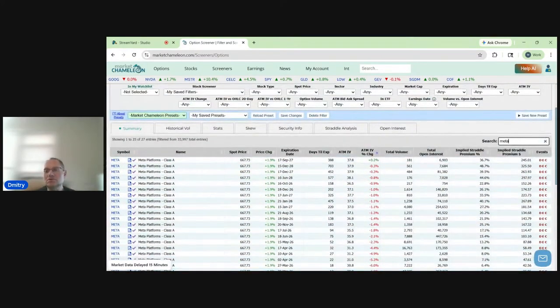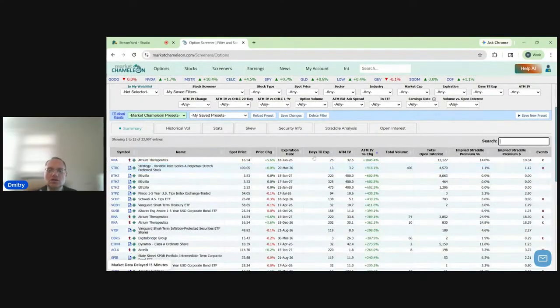So I'm going to uncheck this. And for that expiration, we're going to look at the implied volatility for that expiration using the at-the-money implied vol. And we want to compare that volatility to a historical volatility, how the stock moved historically, to see, is the implied volatility higher or lower, and by how much.